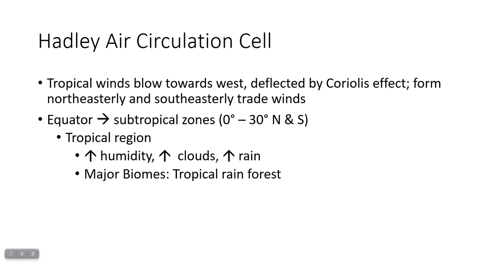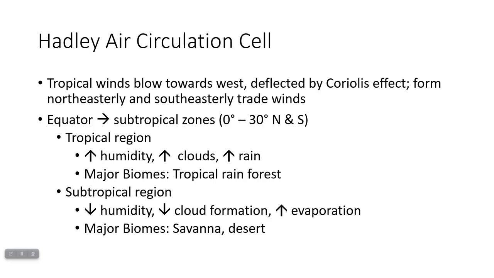At the equator and the tropical regions, you have higher precipitation because you have higher humidity, you have more water vapor in the air. As that warm, moist air rises, it cools, that forms clouds, that forms precipitation, and that's why you tend to have a clustering of tropical rainforests around the equator or equatorial region.